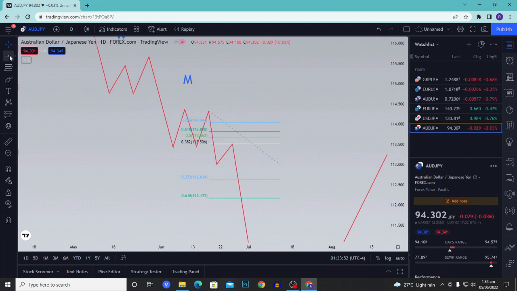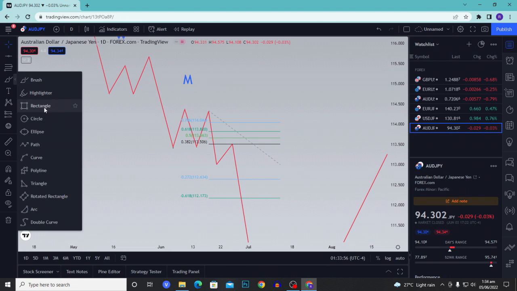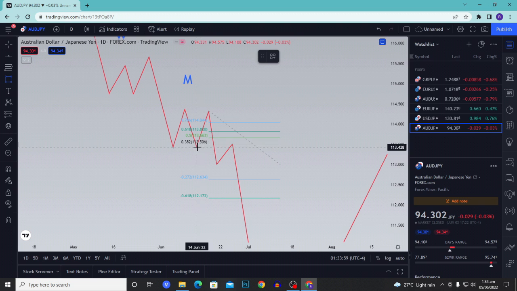And this is not the only confirmation that we look for. We also look at what price did before that. So for example, we look for any levels before that, any support levels or resistance levels before that, that correlate with our Fibonacci points.